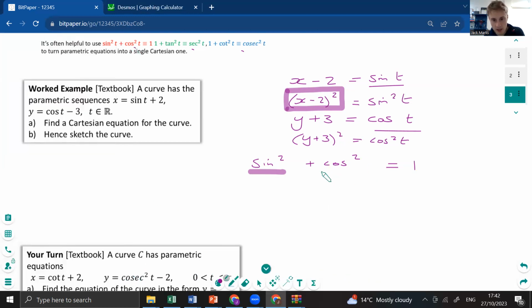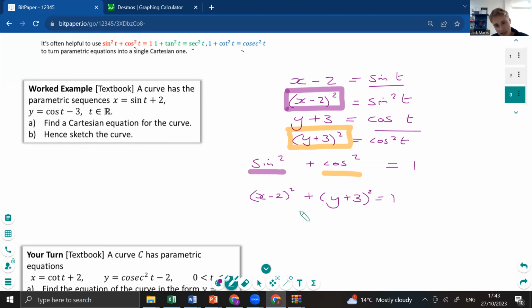This one here, I am going to substitute with that part there. Okay. So what will I get? I will get x minus 2 squared plus y plus 3 squared equals 1. And that is a Cartesian equation. It's only got x and y in it, no t, no third parameter.